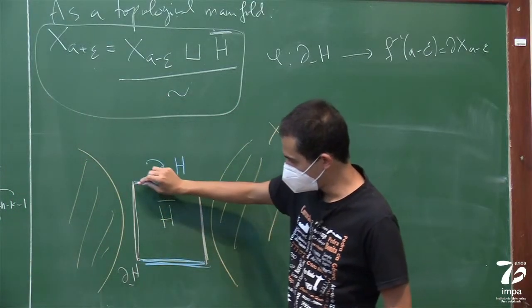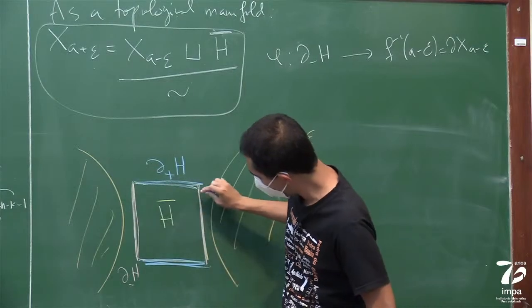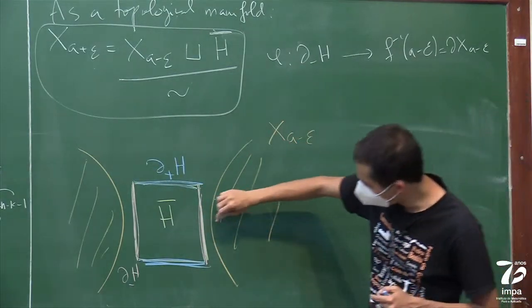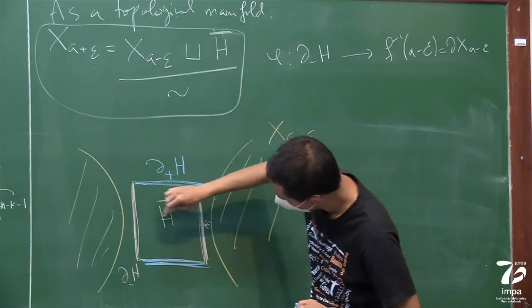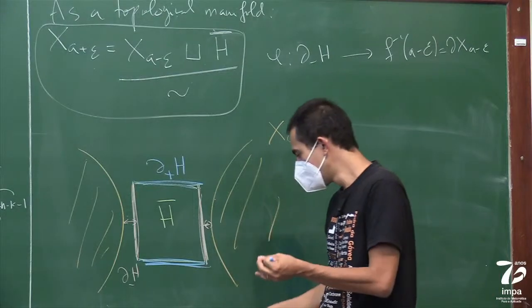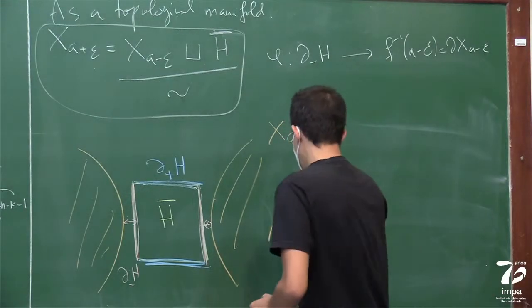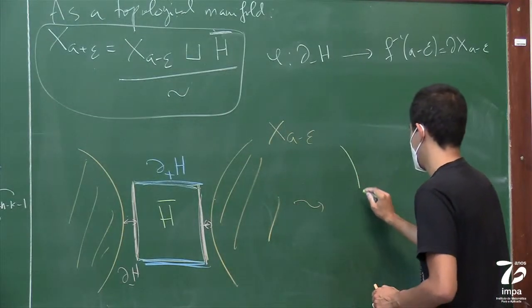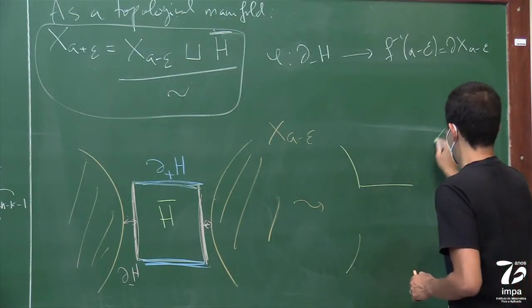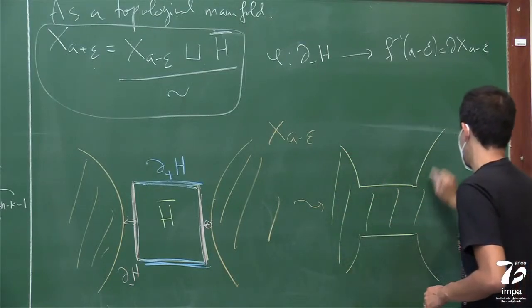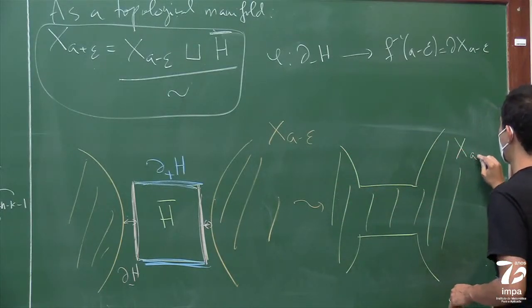So you glue this negative part to the boundary of what you had before. You have this gluing here, and once you glue, you end up with something that looks like this. This is x a plus epsilon.